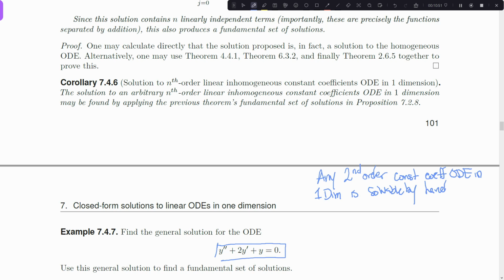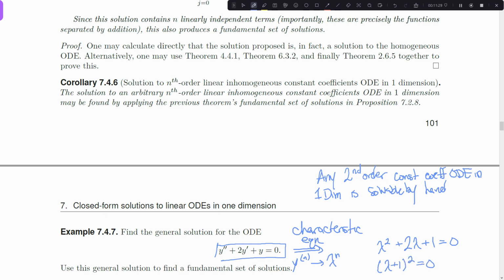So let's go ahead and do this. If I start with my ODE, I convert myself to the characteristic equation, and all I'm doing is replacing y to the n with lambda to the n. And that gives me lambda squared plus 2 lambda plus 1, where there's a lambda to the 0 power sitting around, equals 0. This can be factored really easily to lambda plus 1 squared equals 0.